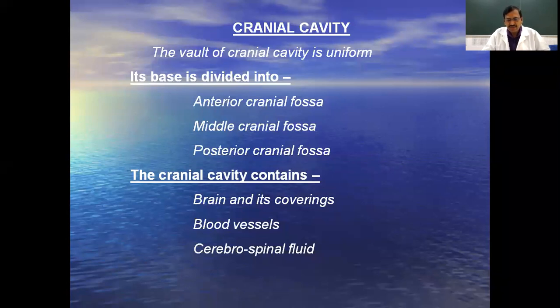Here, the cranium is like one room with restricted space. Within the cranial cavity, there are 3 most important substances accommodated. Number 1 is the brain, that means neural tissue or nervous tissue. Next is the blood, which supplies nutrition and oxygen to the brain.